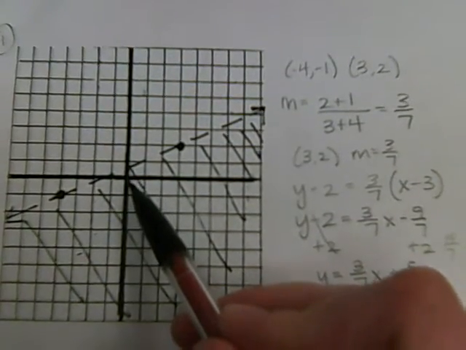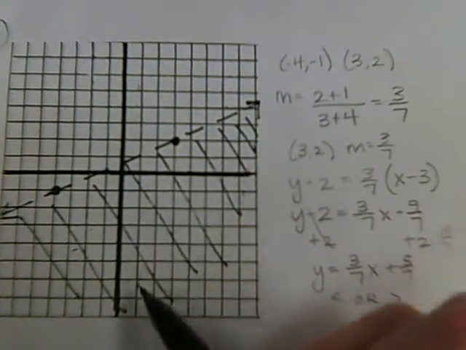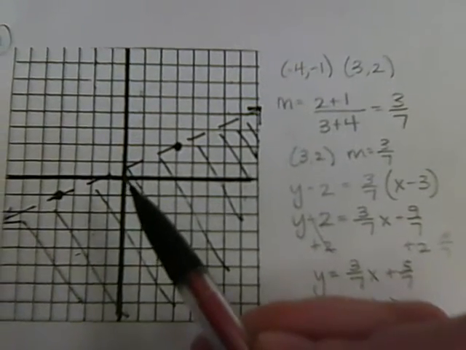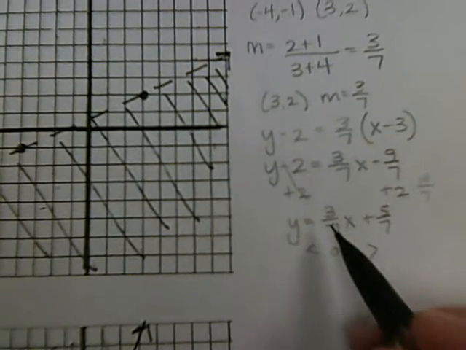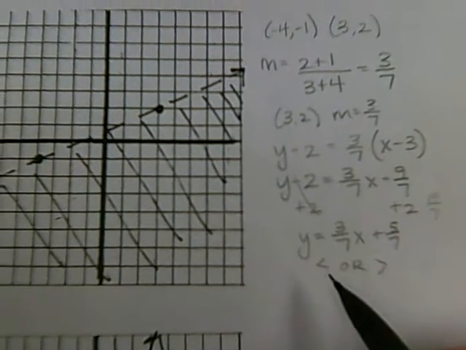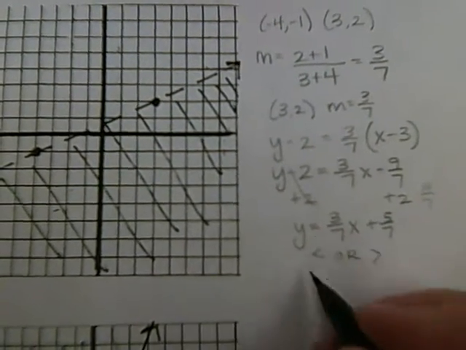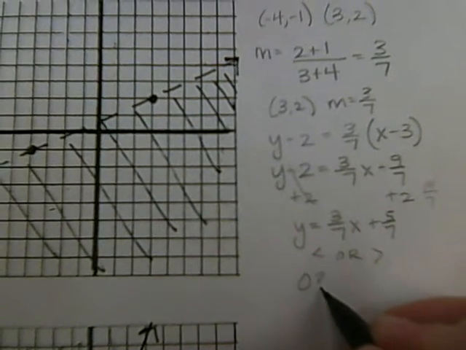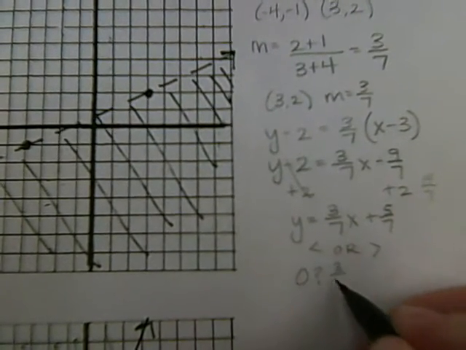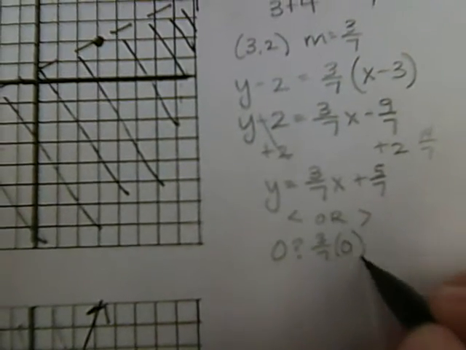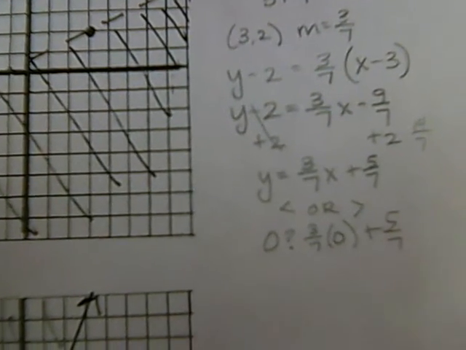So we know that 0, 0 is in the shaded region, meaning it is in a true place, okay? So when I sub 0, 0 into this guy, I want to make a true statement with whichever symbol works. So 0 is what compared to 3/7 times 0 plus 5/7?